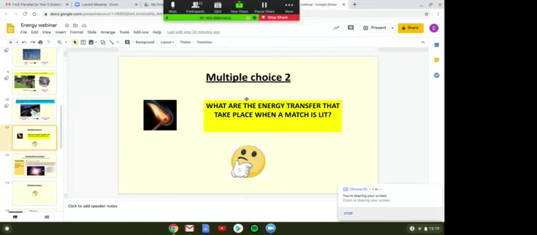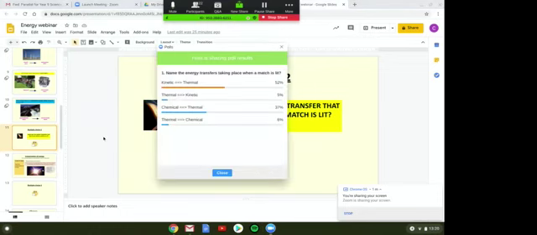So the answer to question 2 for the poll was C. It is a chemical store to a thermal store. There's a chemical in the match that, when ignited, releases the thermal energy in the match. So that's converting the chemical store to the thermal store. Half of us went for the top answer.